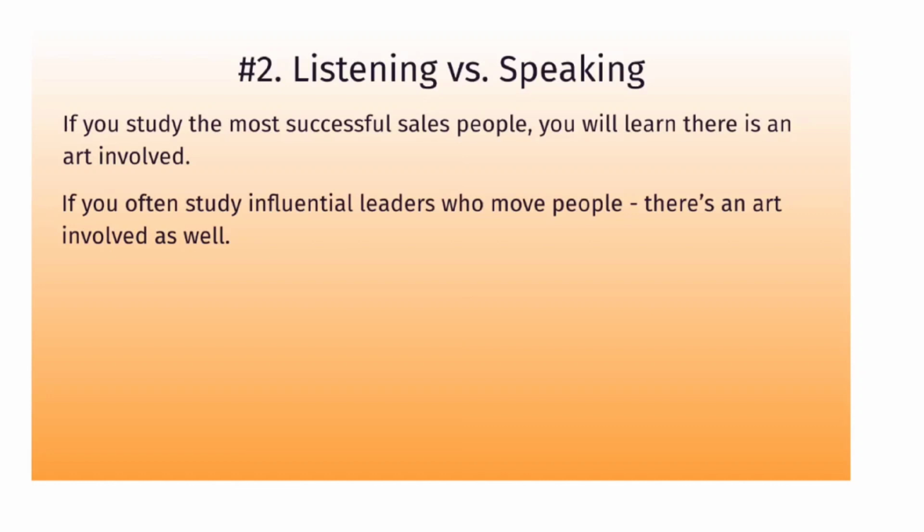One type of leader uses their authority to move people around. They're very bossy. But then you have the other type of leader who gains trust from people, and people are willing to move because they trust that leader and they're using their influence rather than their authority. That's the type of leader that we're talking about here.